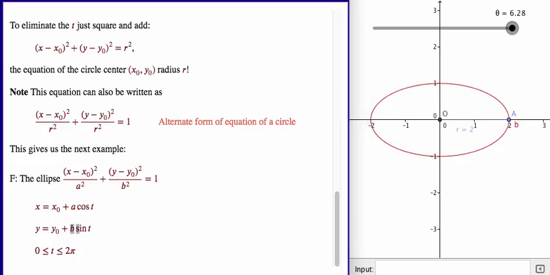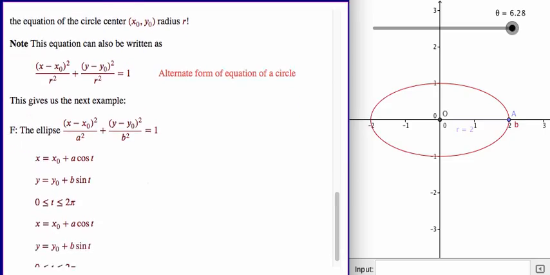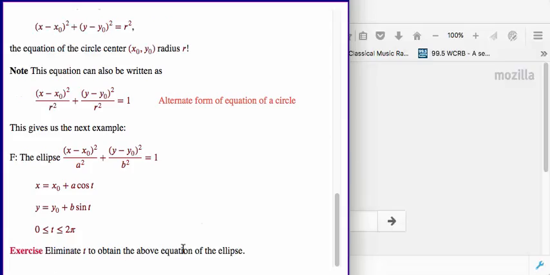Here's an exercise for you if you don't believe me that this is, in fact, a parametrization of an ellipse. The exercise for you is to eliminate t over here and obtain the above equation.